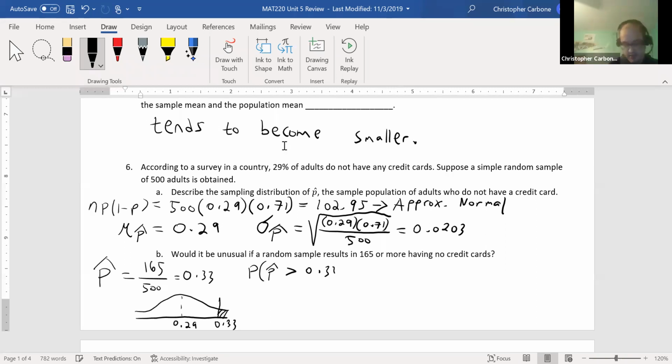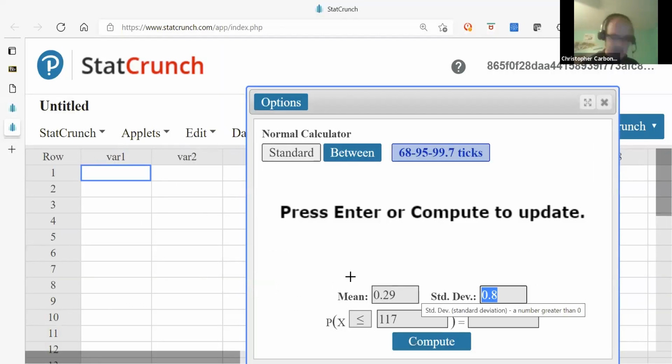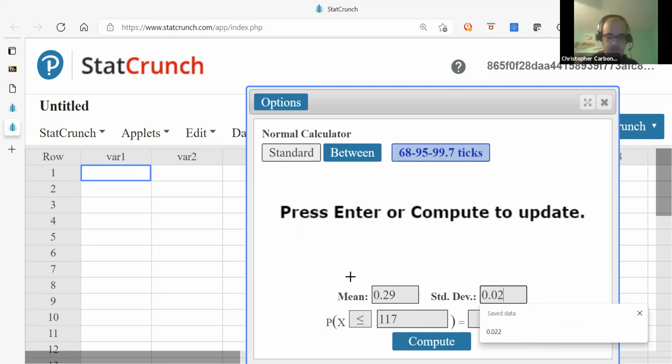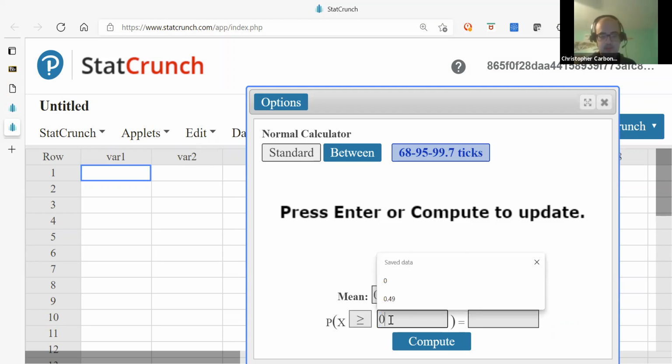And we need to toss this into StatCrunch to give us this particular probability. So the mean was 0.29, the standard deviation was 0.0203. This will be a greater than 0.33.